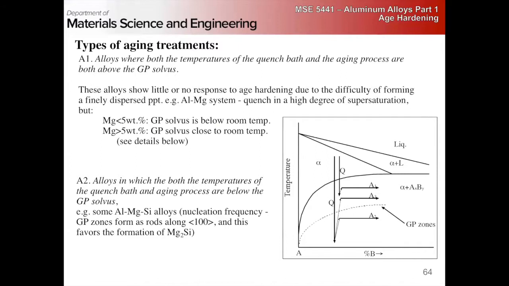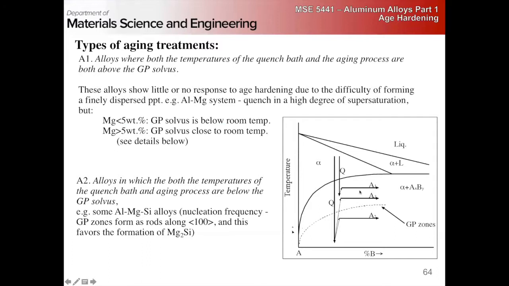If we're above the GP zone solvus temperature, we're never going to nucleate those. So what phase are we going to nucleate? We're going to nucleate intermediate phases. In aluminum copper, the theta prime solvus is pretty close to the GP zone solvus, so chances are we would nucleate theta double prime.